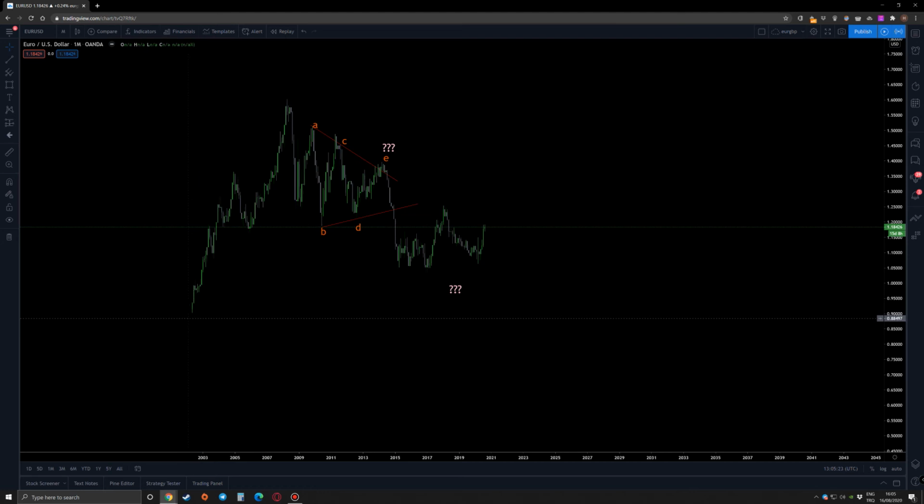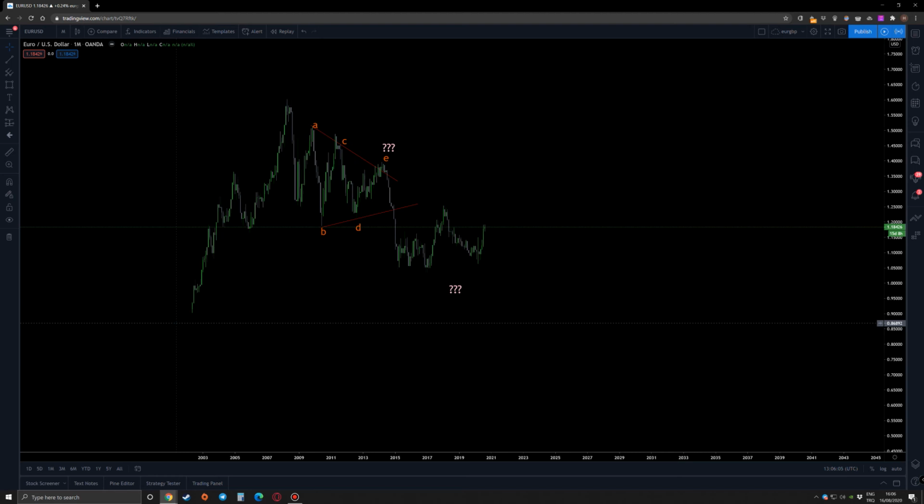Because they can calculate it by taking the averages of the Deutsche Mark, French franc, Italian lira, and all those fiat currencies that came together to make the euro. All these currencies were there before, so they can take these averages and make some type of estimated value for the euro as well.